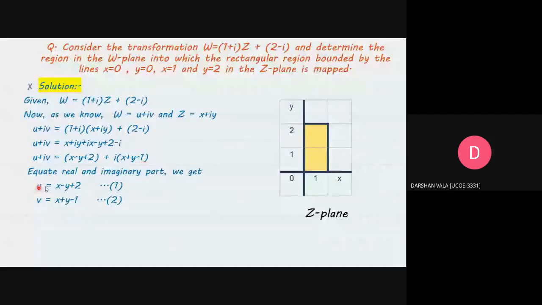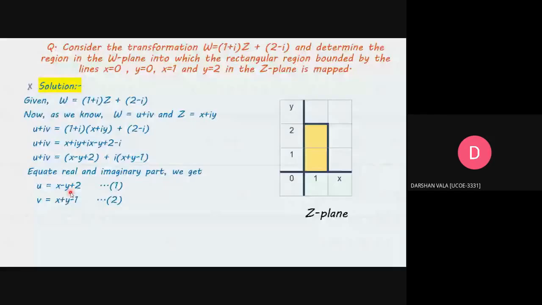Now we equate the real and imaginary parts. Then we get U equals X minus Y plus 2, call it equation number 1, and V equals X plus Y minus 1, call it equation number 2.